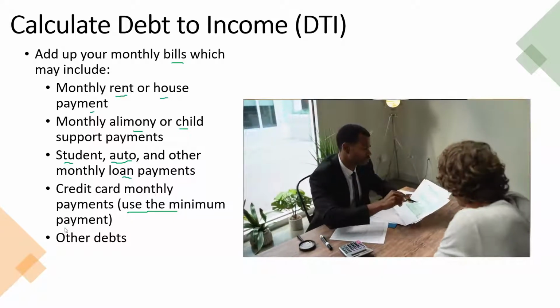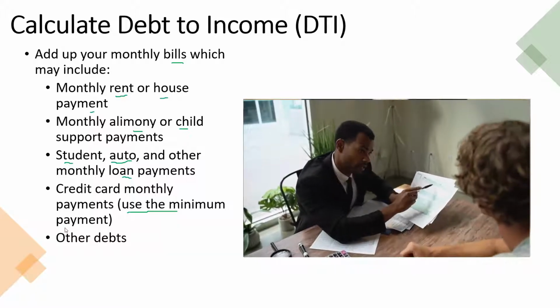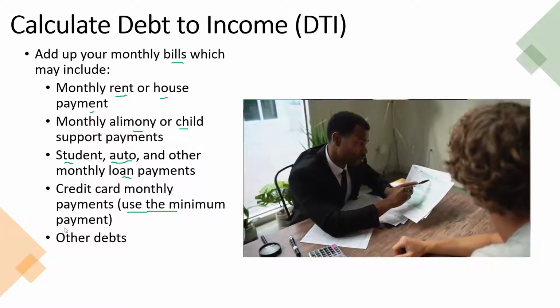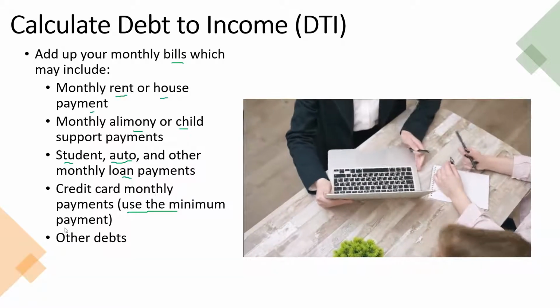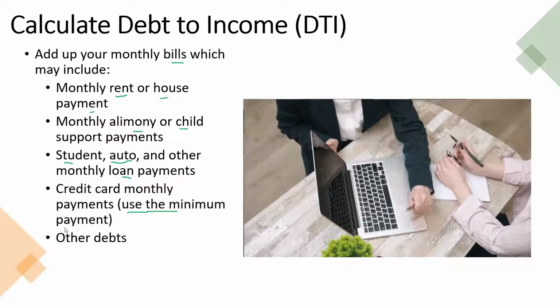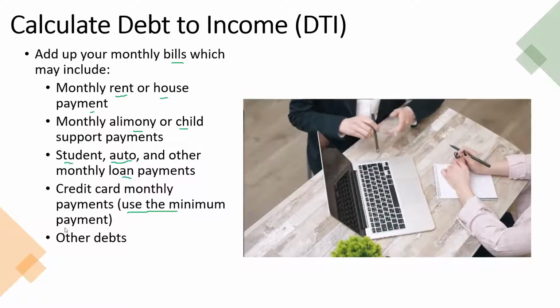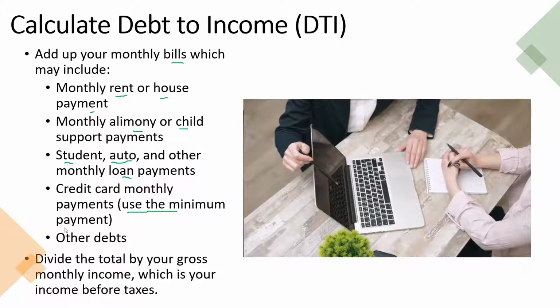So what do you want me to add on the credit cards? They're going to use the minimum payments oftentimes at an institution, because they're probably figuring you're going to try to pick the minimum payment anyways, because if you're trying to get a loan, you're trying to look as good as possible, which means you're trying to lower the debt payments as low as you can without violating the rules of whatever the rules are for you to put the calculation together.